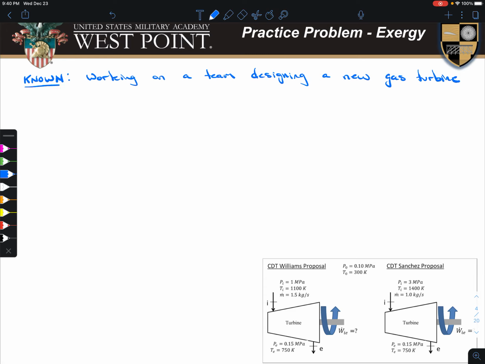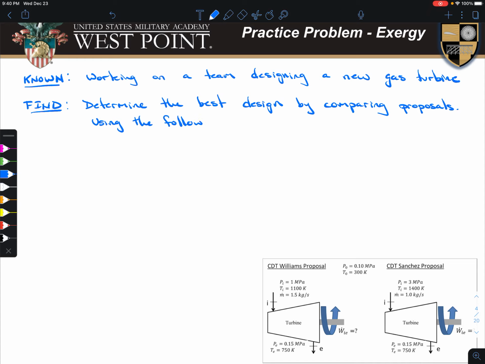We need to find a few things that we just identified. We need to determine the best design by comparing the two proposals, and we're going to do that using the following.